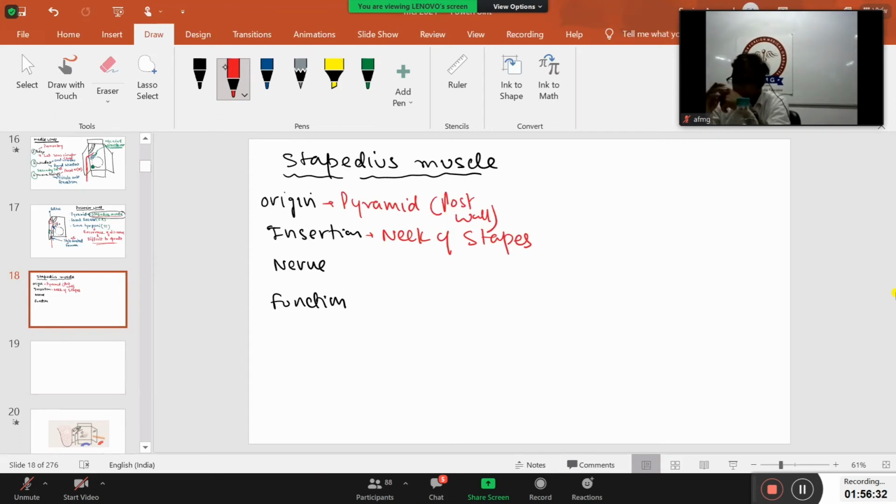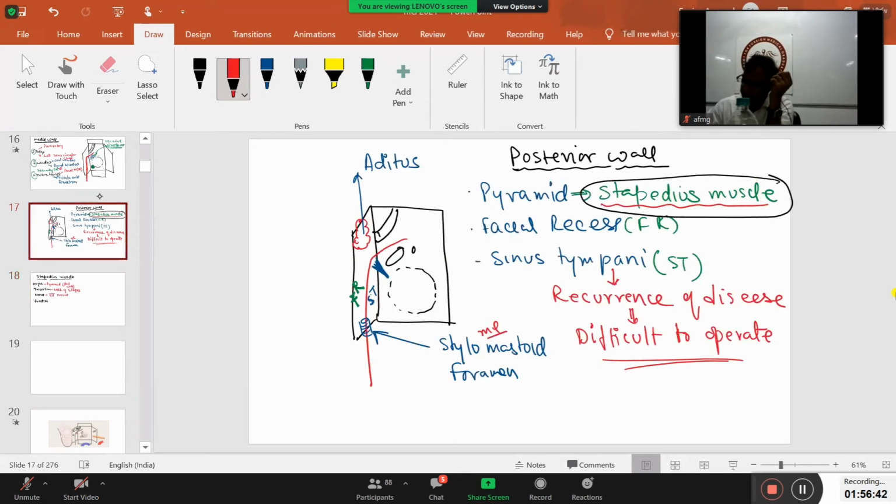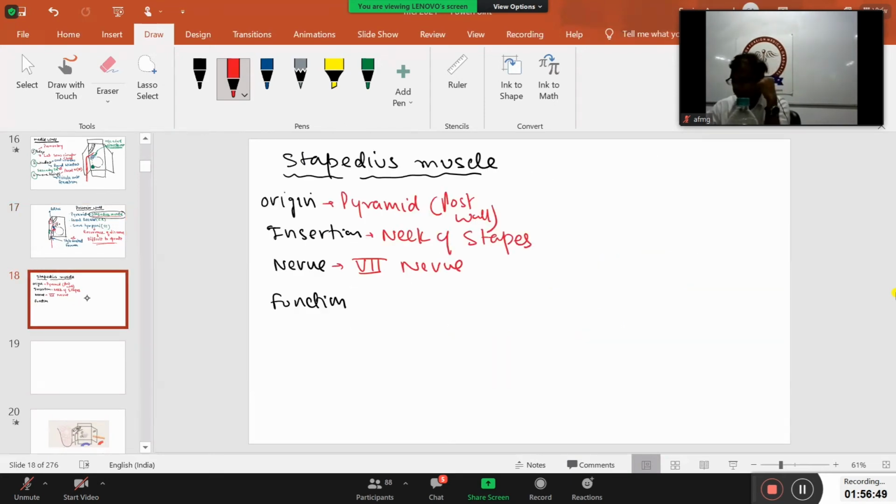Nerve supply is very easy. You can guess: the 7th nerve, because in the neighborhood there is the 7th nerve close by. In this diagram, from here a branch arises and supplies here. The 7th nerve branch. Function: this is the most important thing.